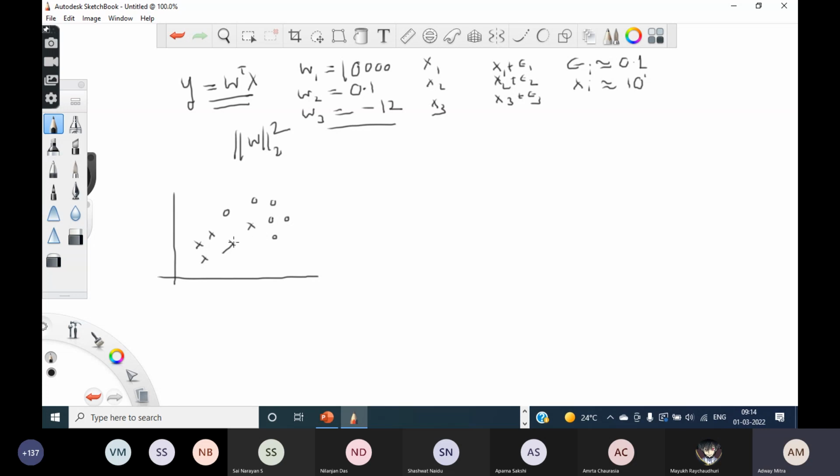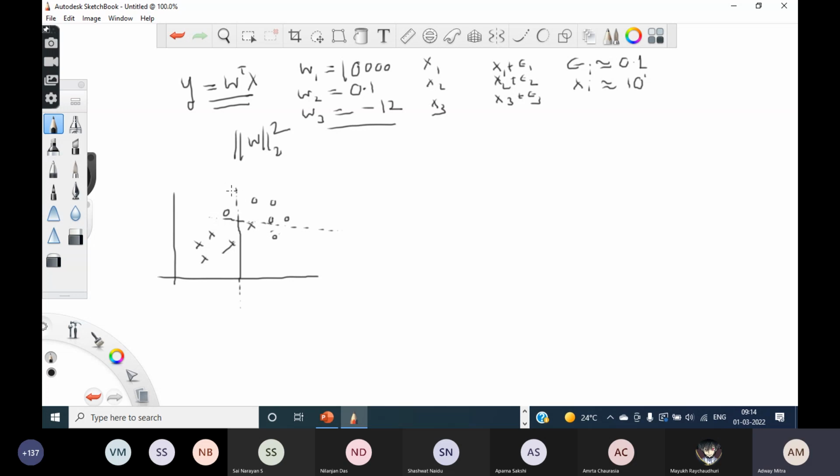Suppose I choose the W like this. Correct? So in this case, this point and this point are the outliers. But suppose I choose W to be like this, then I find that only this point is the outlier.